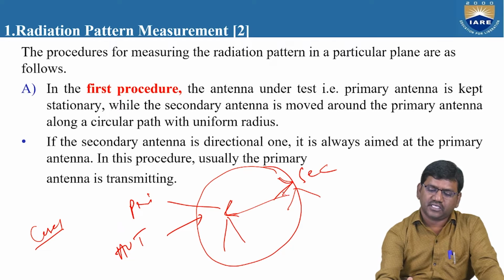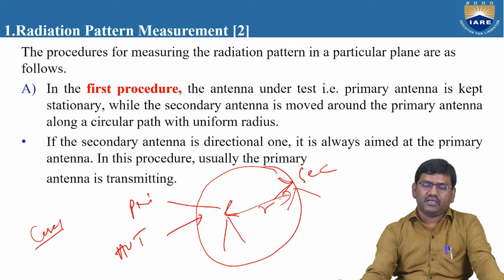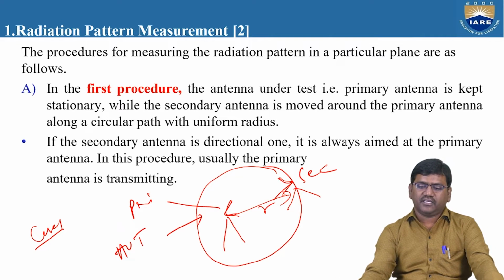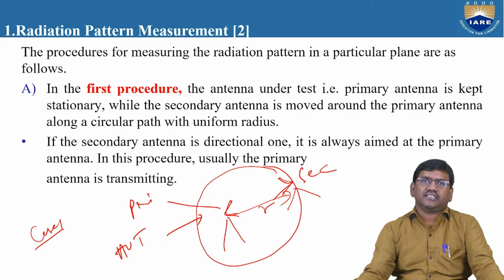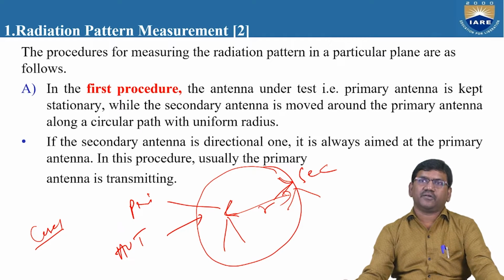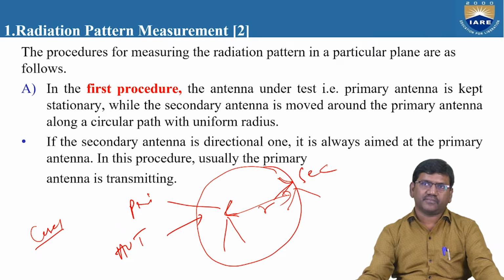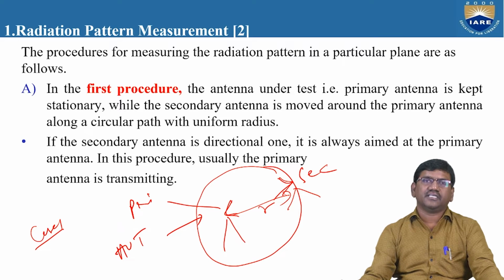This is known as the uniform radius. If the secondary antenna is a directional one, it is directed towards the primary antenna such that the field strength that is received by the secondary antenna must be maximum. The secondary antenna is aimed at the primary antenna in such a way that the field strength measured on the observation circle must be maximum.